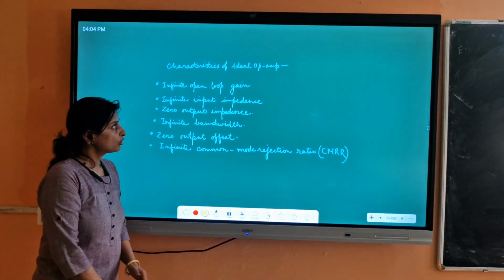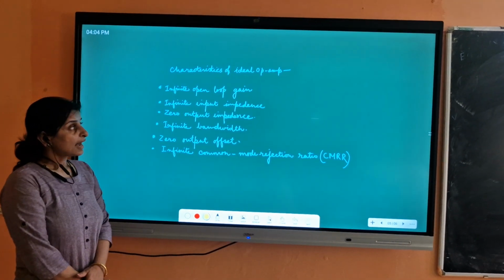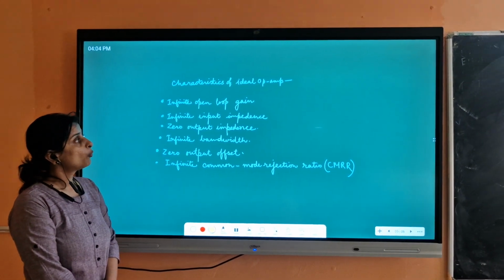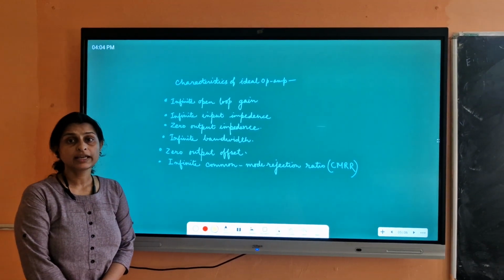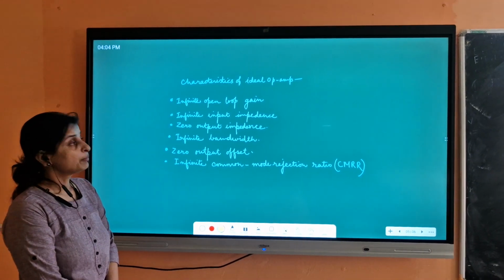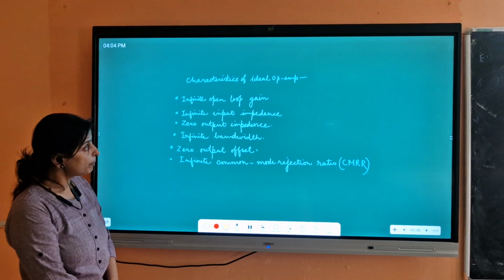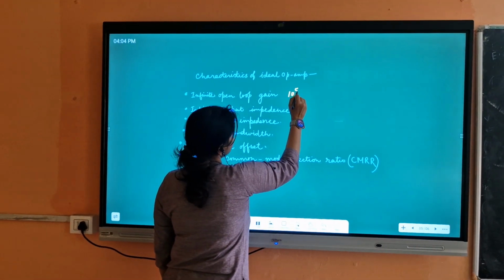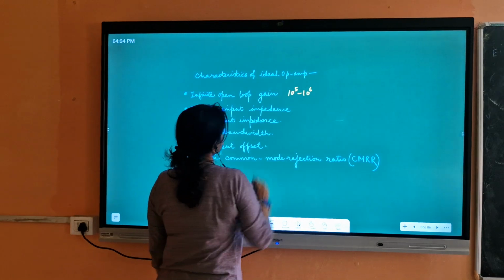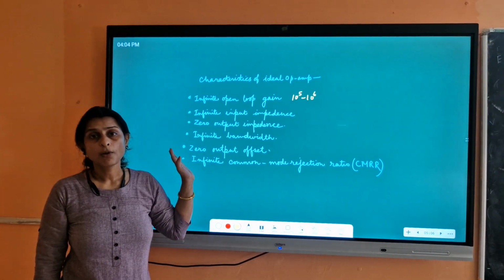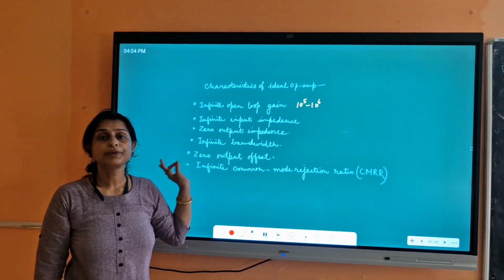Now comes an important topic, which is the characteristics of an ideal op-amp. So here we have open loop gain as infinite in case of an ideal op-amp. But in practical cases, in a practical IC-741 op-amp, we have the open loop gain as 10 to the power 5 to 10 to the power 6. Infinite input impedance: in case of an ideal op-amp, the input impedance should be infinite.